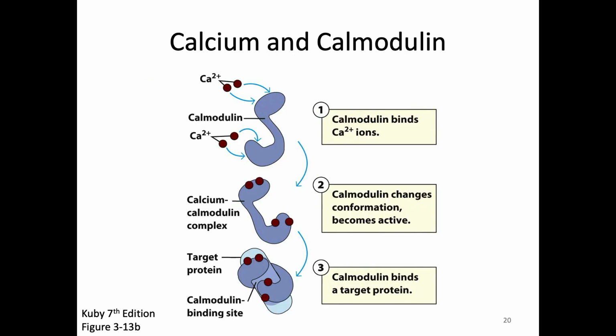The calcium now in the cytoplasm can bind to a calcium binding protein like calmodulin, which this textbook has decided looks like a worm. Calcium binds to calmodulin. Calmodulin then undergoes a conformational change and will bind to its target.